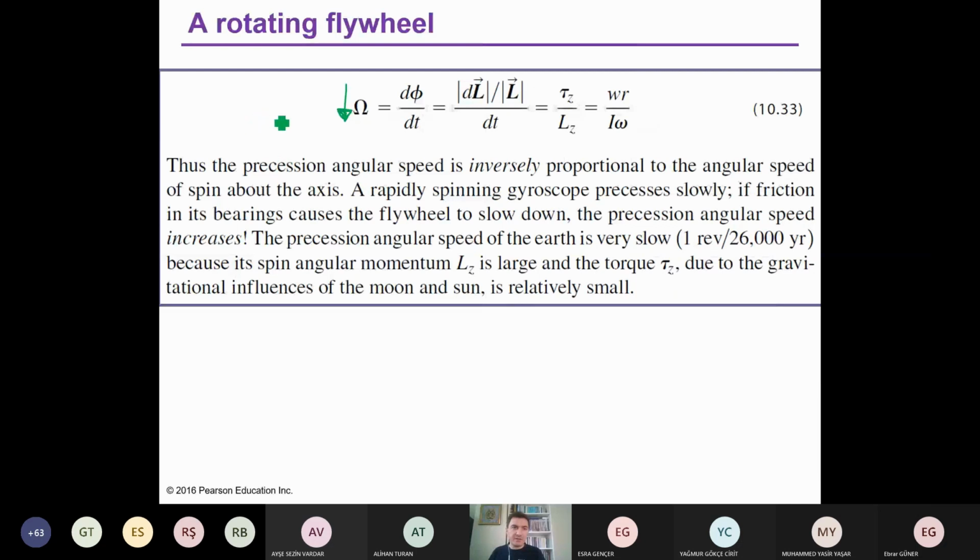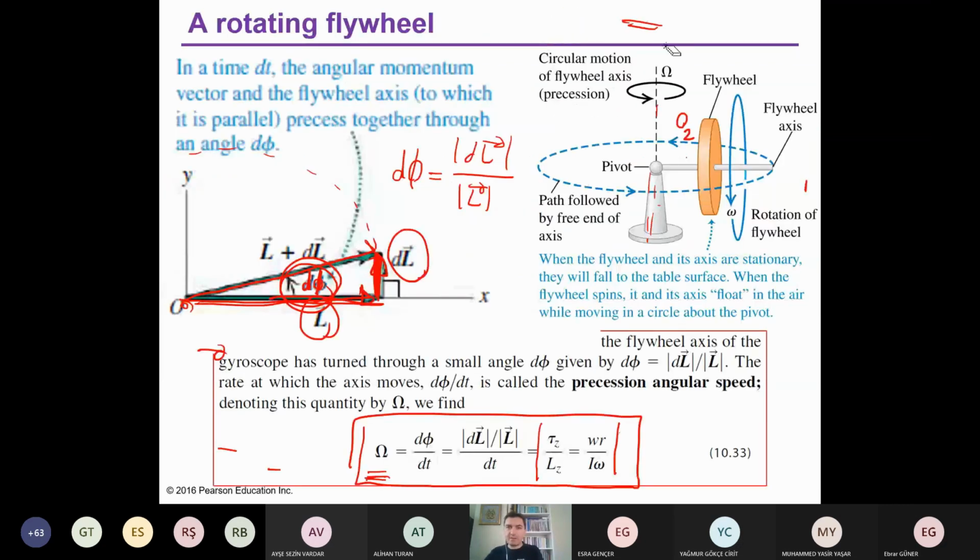Let's consider that this is the complete system of the flywheel, and this is the origin, and it has a circular motion around this origin, okay? So this is the pivot. And what about the forces acting on the pivot?